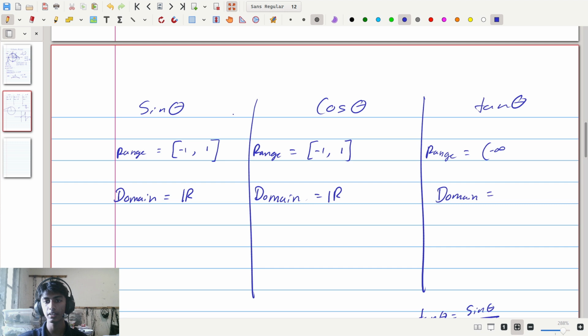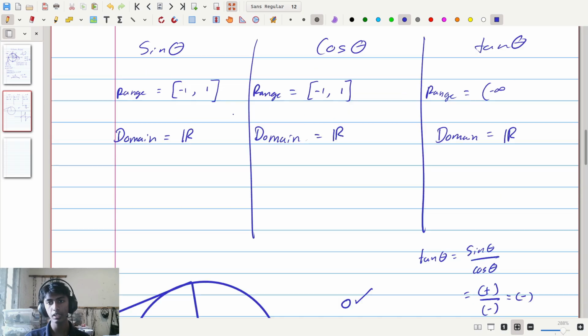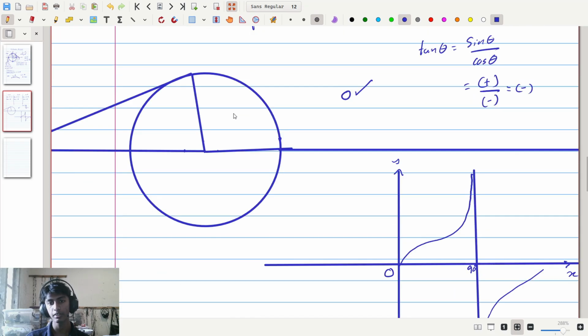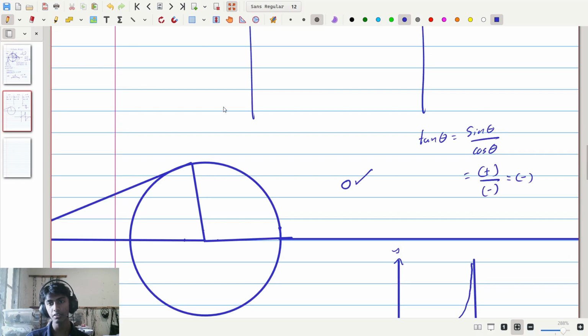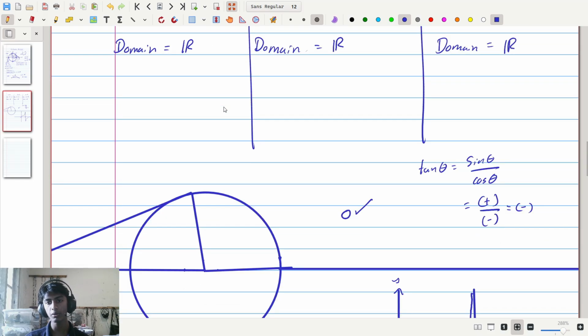of tan theta is the real numbers, except for points where we get an infinity, because technically speaking we do not really want to include infinities and divide by zeros in our domain. The reason that I say there's a divide by zero is because what happens at 90 degrees and its multiples is that cosine theta becomes 0.